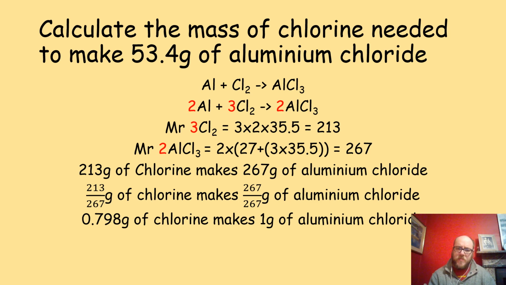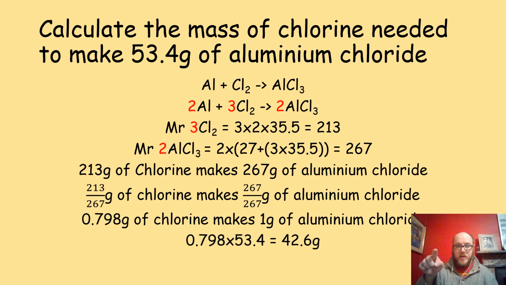So I just multiply that by 53.4 and I find out how much chlorine I need. So if it takes 0.798 grams of chlorine to make 1 gram of aluminium chloride, it takes 53.4 times 0.798 to make 53.4 grams of aluminium chloride. And that gives you 42.6 grams. So you need 42.6 grams of chlorine to make 53.4 grams of aluminium chloride.